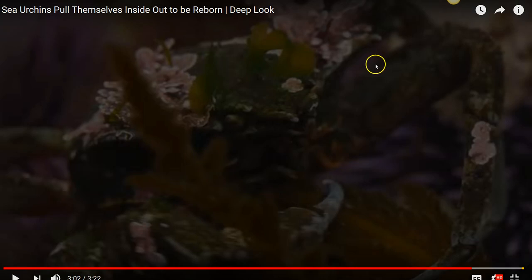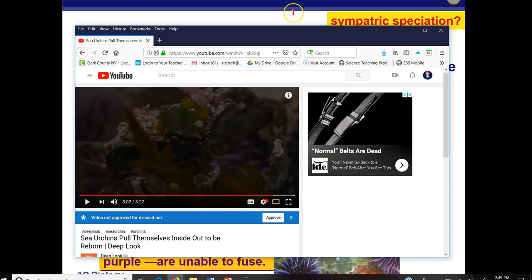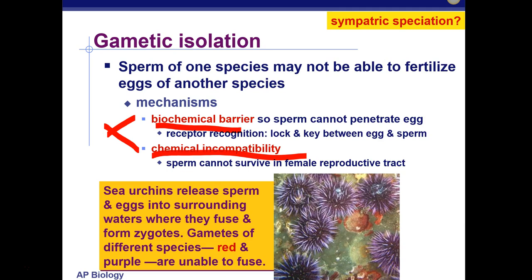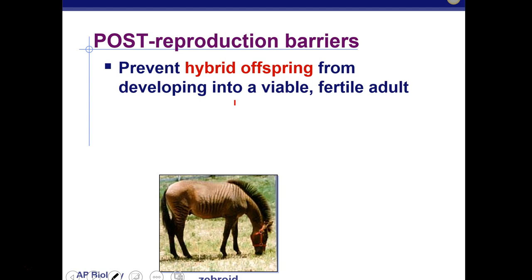All right. So again, what I wanted you to get out of that was how they just release the sperm, and if they don't mesh, if they've got that biochemical barrier, they're not going to come together, for sea urchins. So those are the six things that prevent a sperm and an egg from coming together.